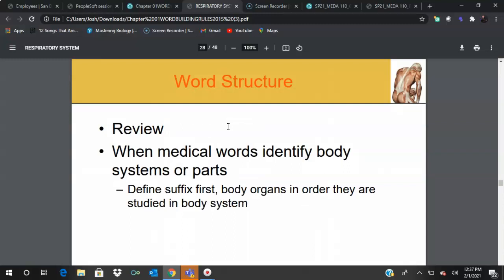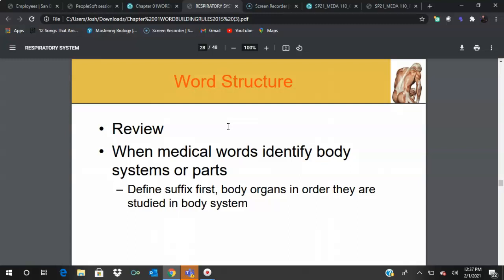One other small caveat: when we're looking at medical words that involve body systems or organ systems, generally you define the body system that you study first. Some books are different, but generally you mention the organ that you study first as you go through a book. We can mix the heart and the lungs together, cardiopulmonary.